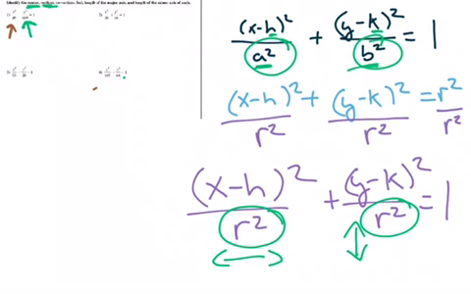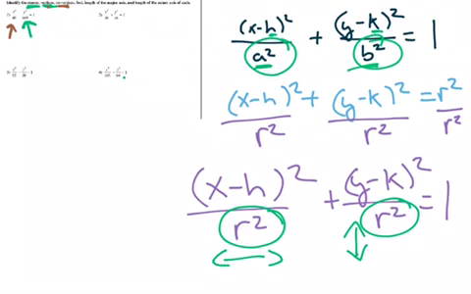And so this ellipse is going to be stretched more vertically than it is horizontally. So whichever denominator is bigger is the way that it gets stretched. And so if the bottom of the y is bigger, then we have a vertical ellipse as opposed to a horizontal. Okay? So the vertices correspond to the bigger, whereas the co-vertices correspond to the smaller.